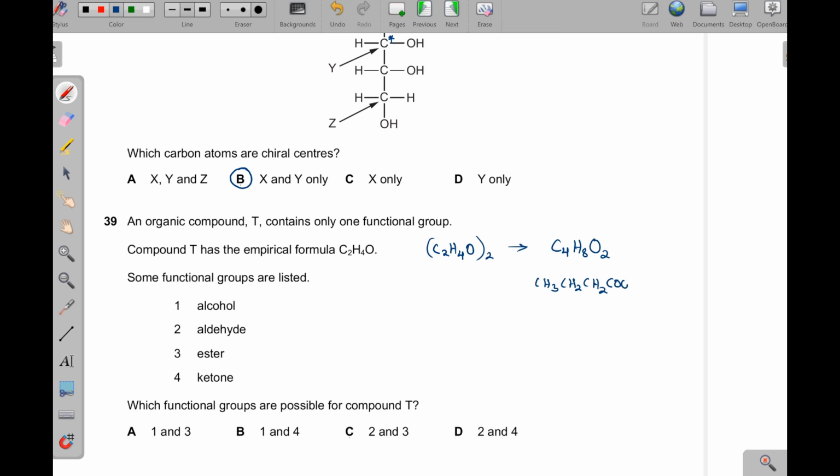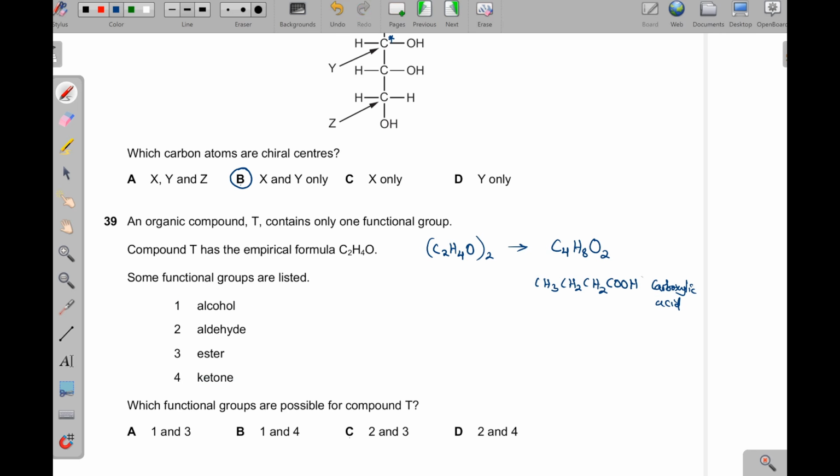How many hydrogens do we have here? 3, 5, 7, 8 hydrogens, and the carbons are 4, and the oxygens are 2. But this one is a carboxylic acid, and amongst these functional groups, we don't have a carboxylic acid.